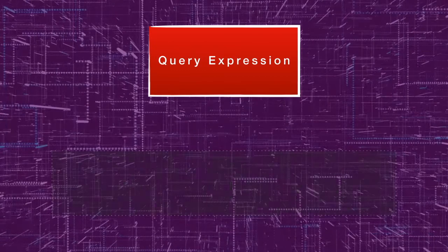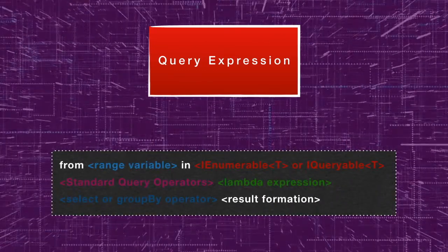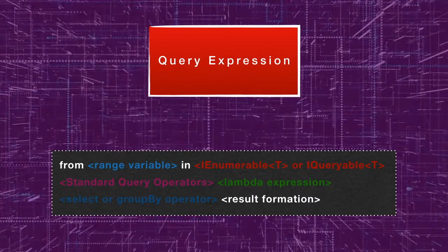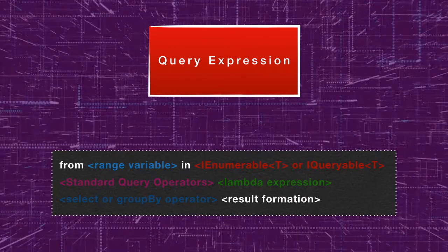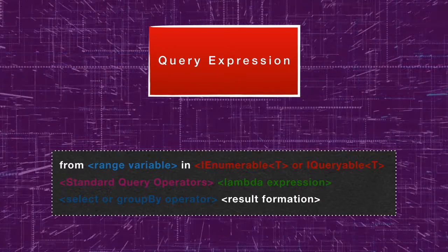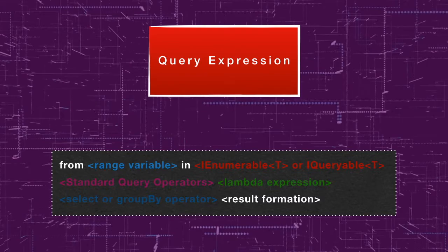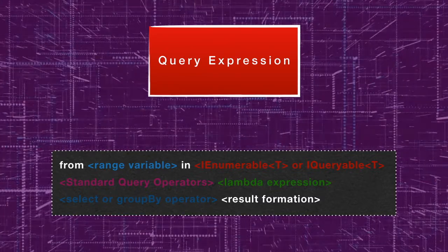First, we will talk about the query expression. When it comes to query expression, the syntax is very similar to SQL. For example, we have a range variable, from range variable, and we are fetching that range variable from a collection. The collection may be IEnumerable or IQueryable, and we use query operators like where, and we use some expression.